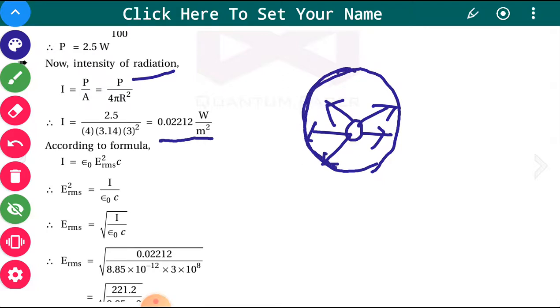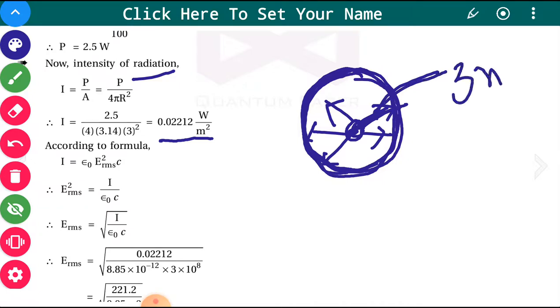This energy per unit area per unit time is calculated using the radius of this spherical surface. When the bulb is at a distance of 3 meters, you consider a spherical surface around it whose radius is 3 meter. This is the bulb. So we have intensity as 0.2212. It's very easy to calculate.